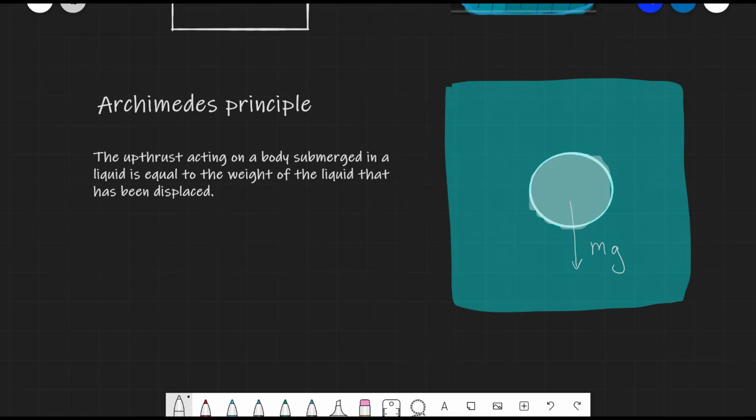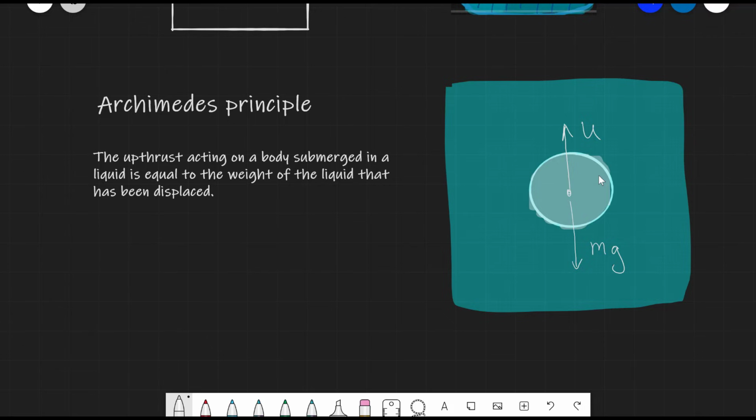We're also going to have an upthrust, which will be acting upwards, like so. Depending on the density of the object that's been submerged and the density of the fluid, this upthrust could be bigger than the weight, and if that's the case, the object will float upwards. If it's smaller than the weight, the object will sink. If they're about equal, such as the two drawn, then the object will actually float.